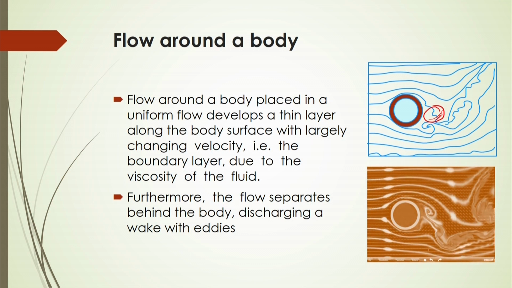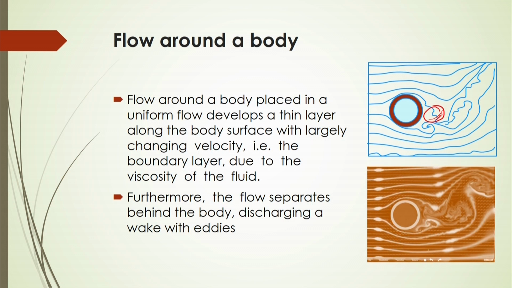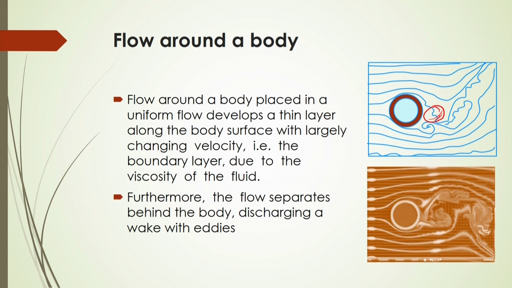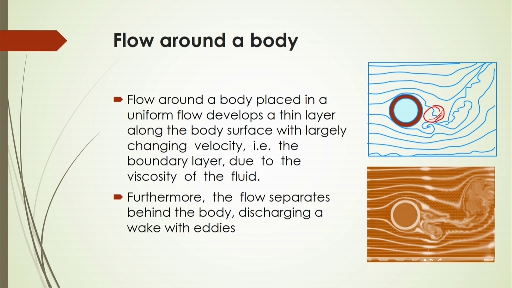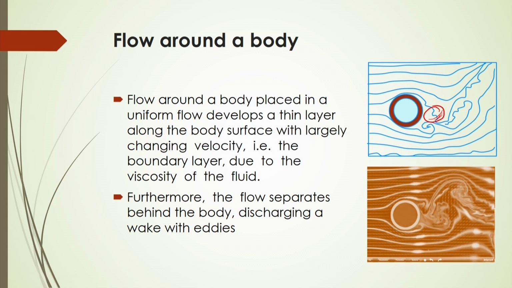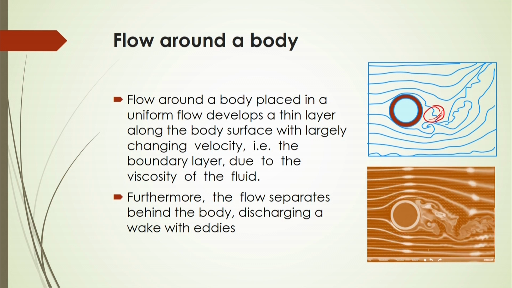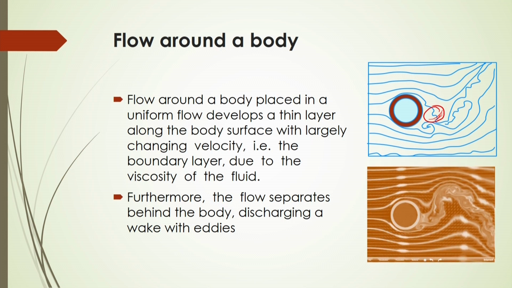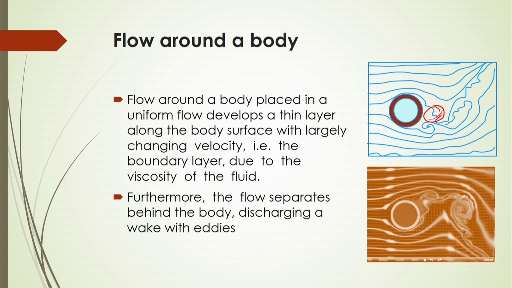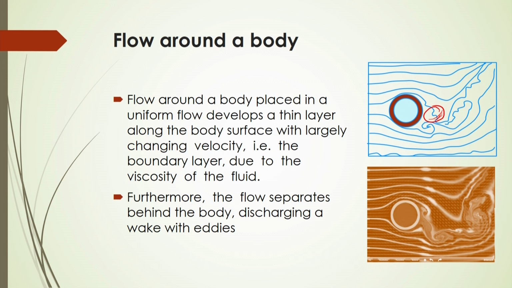Because of the velocity and formation of the boundary layer, there will be a change of turbulence behind this object, and also a pressure fluctuation and pressure variation behind these objects, because of which the distribution of pressure will give the formation of different shapes of eddies there. And the flow of course will separate from behind this body, and it will discharge the wake with these eddies there.